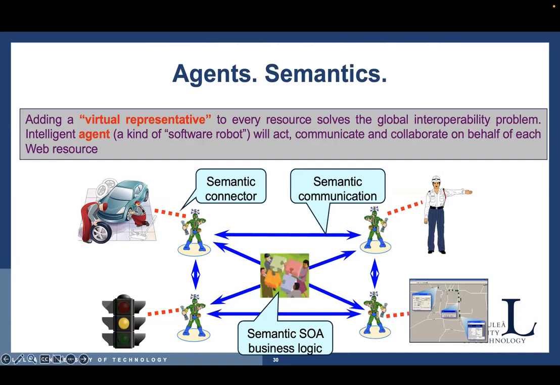So there is this bond or link, a semantic link, between this virtual representative and the actual resource that enables these software pieces to interact on behalf of the resource to achieve a certain goal.